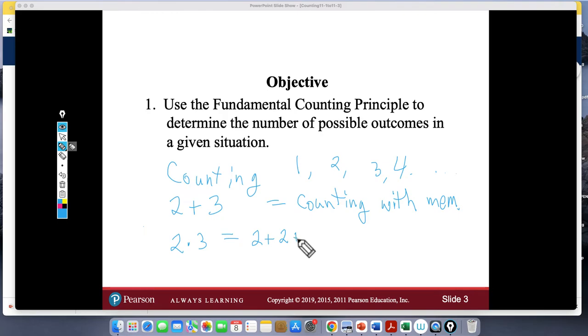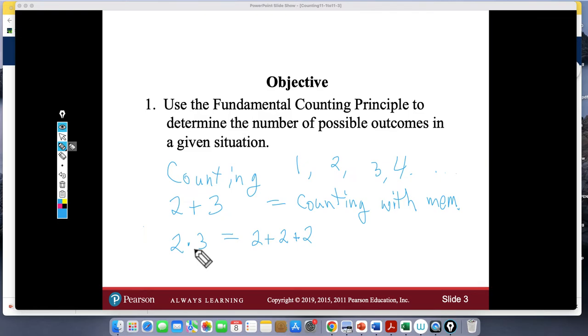Couldn't we also do it as repeated addition? That it's sort of duplicating, so I could have 2 plus 2 plus 2, I get 6, or I could have 3 plus 3, and I get 6, right? So multiplication is really repeated addition, and what is addition? Counting with a memory, right? So even multiplication involves counting.